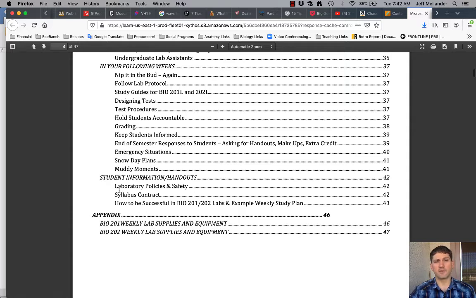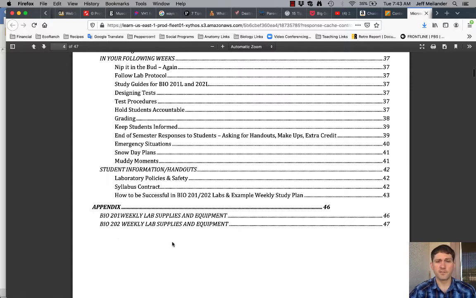A lot of this is on BB Learn, so we're not going to have to pass out too much of this, but it's good for you to know about, and that you can also reinforce these policies with your students, especially when they say, oh, hey, I'm going to miss this lab, and rather than giving them a break, you can say, this is what's expected of you, and here's where that information is. And so it's going to allow you to have a little bit better lab management and classroom management.